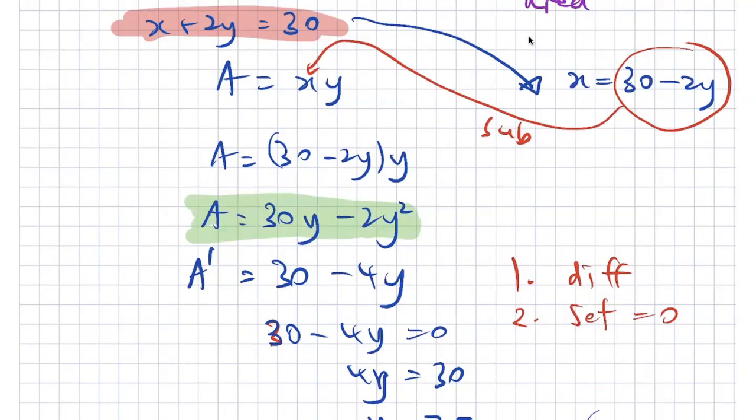So I've got this power of 2 right there, and it's negative. And if it's negative, we've got an upside down parabola, and an upside down parabola always produces a local maximum. So when you're answering this question in an exam setting, a little drawing like that is all you need to prove that you have shown that it is a maximum.